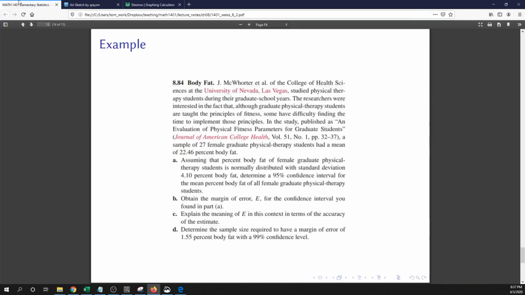Part C says, explain the meaning of E in this context in terms of the accuracy of the estimate.